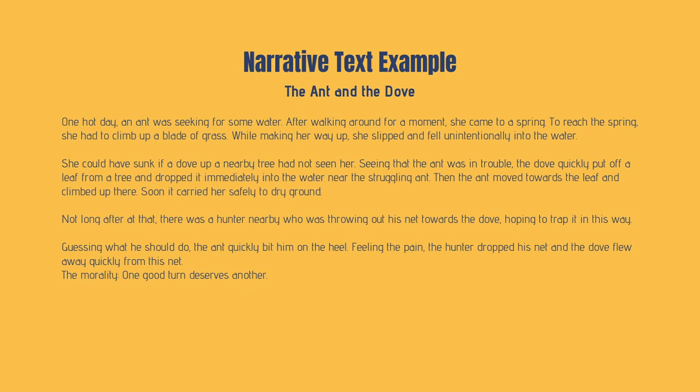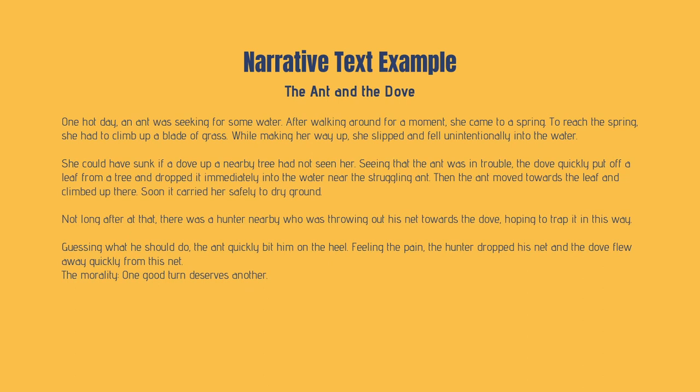Seeing that the ant was in trouble, the dove quickly plucked a leaf from a tree and dropped it immediately into the water near the struggling ant. Then the ant moved toward the leaf and climbed up there. Soon it carried her safely to dry ground.